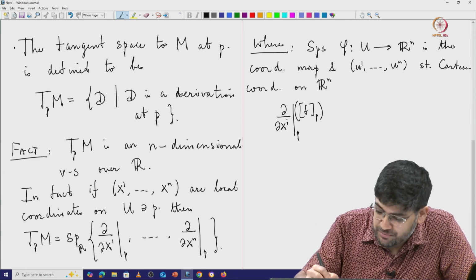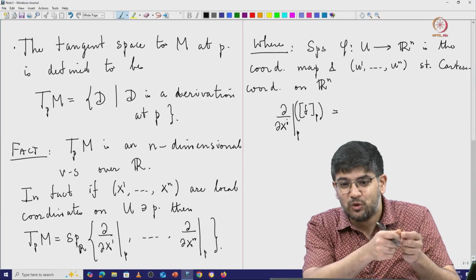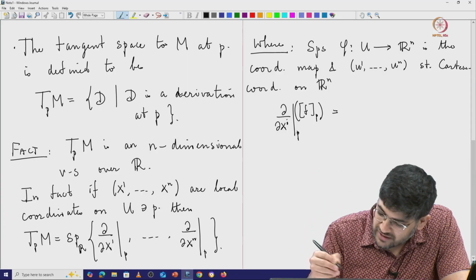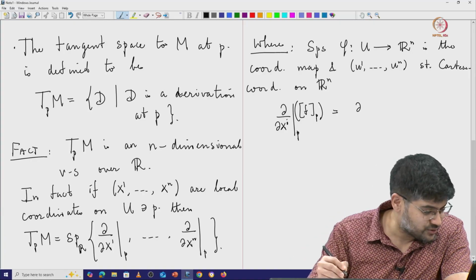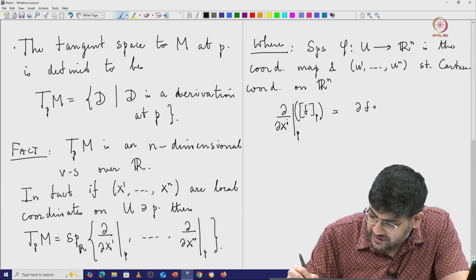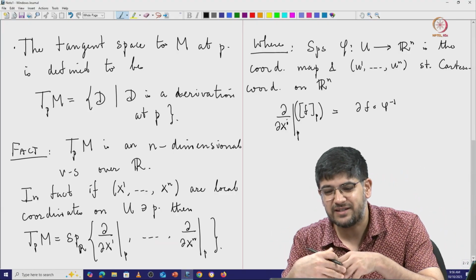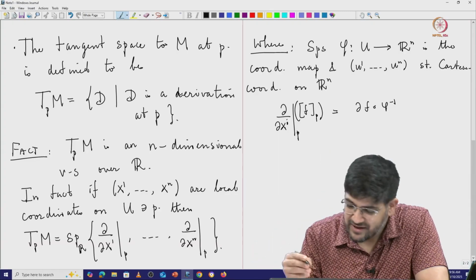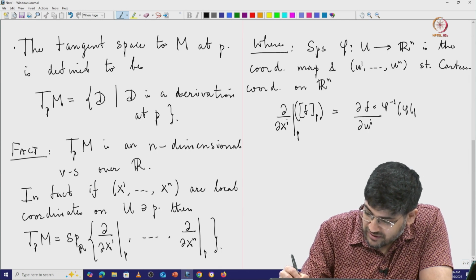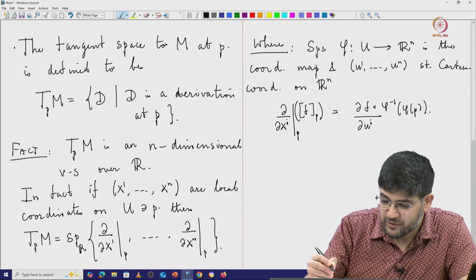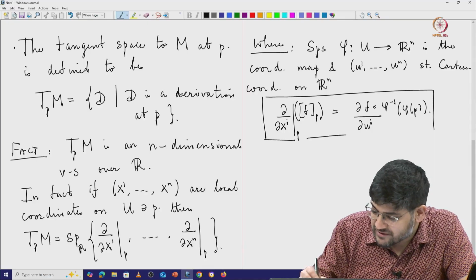So it acts on this germ of this function. Well, f being a germ, it represents a smooth function in a neighborhood of P. So what you do is you simply compose this with phi inverse. So f composed with phi inverse will now be a smooth function defined in some neighborhood in Rn, and you calculate its usual ith derivative and plug in phi of P. Okay, so this is the definition of these basis tangent vectors.